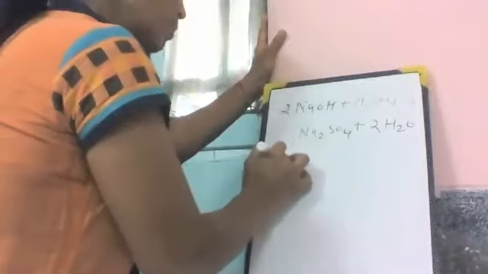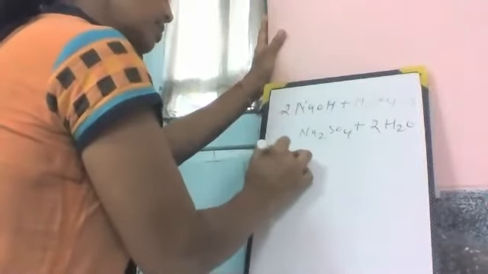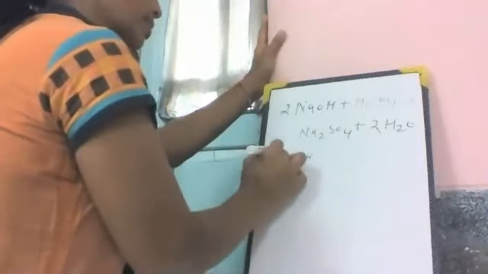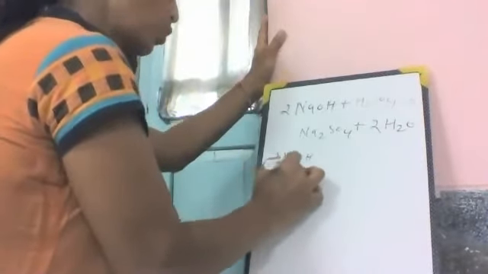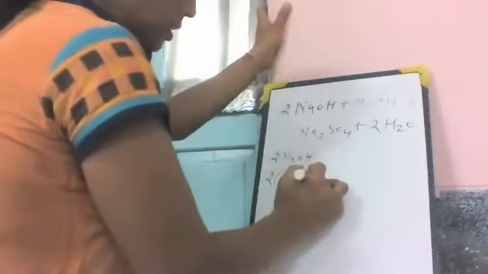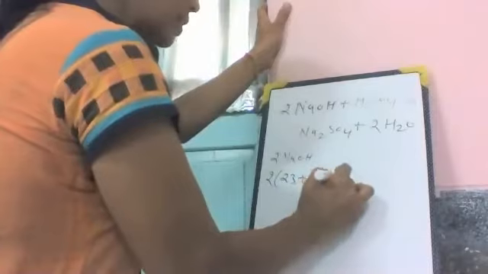The atomic mass of sodium is 23, oxygen is 16 and hydrogen is 1.